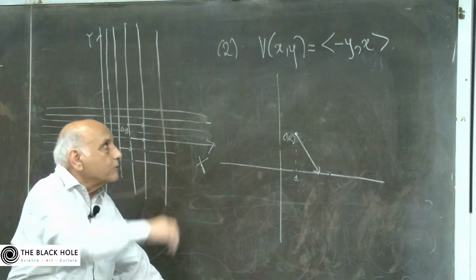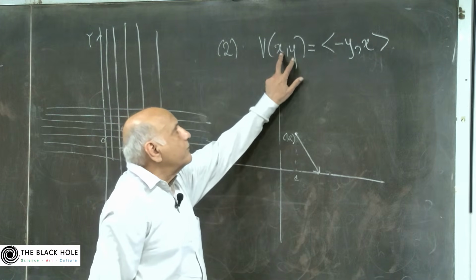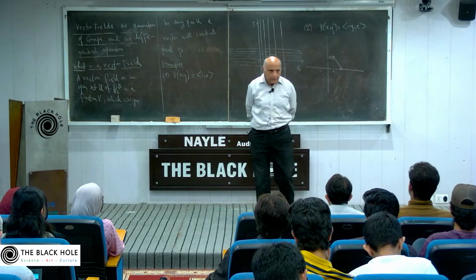And what does this tell you? If I take any point, what's the dot product of (x, y) with (minus y, x)? 0, right?